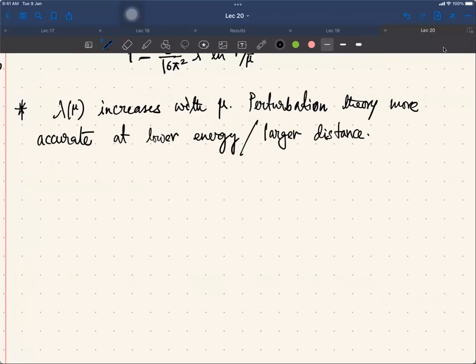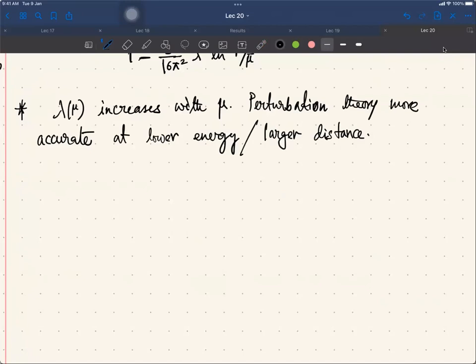And this goes very well with the calculation of scattering amplitudes, because in the scattering amplitude you start out with initial states where the particles are far apart, and that's where lambda is 0, because when the particles are far away from each other, the interaction is negligible or 0.